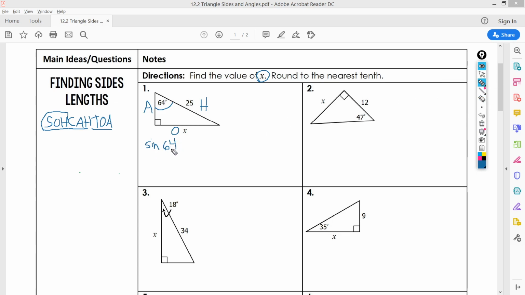Because this is sine of theta. Theta is 64. Sine of 64 is equal to O over H. O is X, over H is 25. So we want to solve for X. To solve for X, all you have to do is multiply both sides by 25. That's very easy.